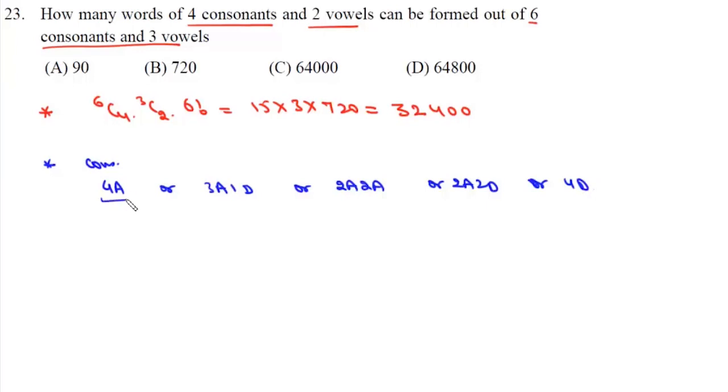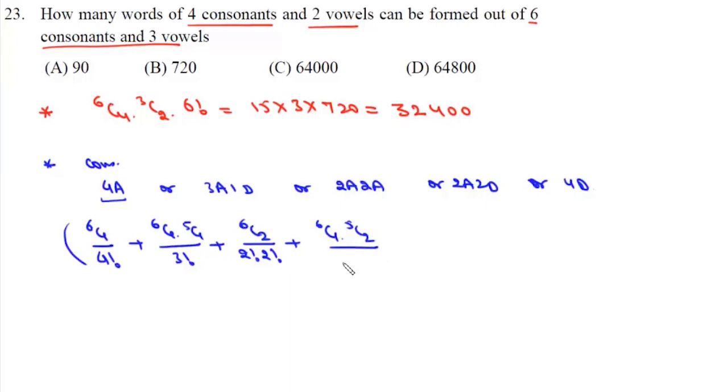Now for 4 alike it will be 6C1, and since all 4 of them are alike, when we form a word it will be divisible by factorial 4, plus 6C1 and 5C1 divided by factorial 3, plus 6C2 upon factorial 2 factorial 2, plus 6C1 5C2 upon factorial 2, plus 6C4.